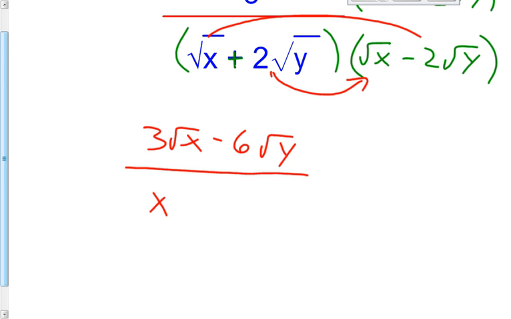So now we just need to do the last times the last. 2 times a negative 2 is a negative 4. And square root y times square root y is y. So we have 3 square root x minus 6 square root y over x minus 4y. And at this point, class, if you can reduce, you have to reduce the coefficients of all 4 of these.